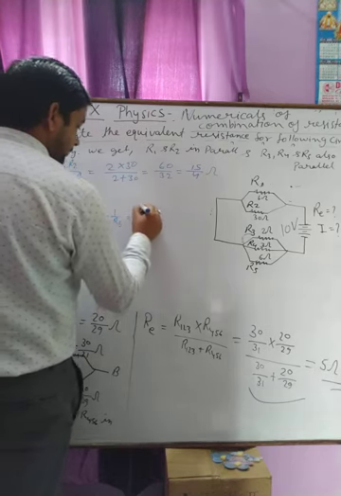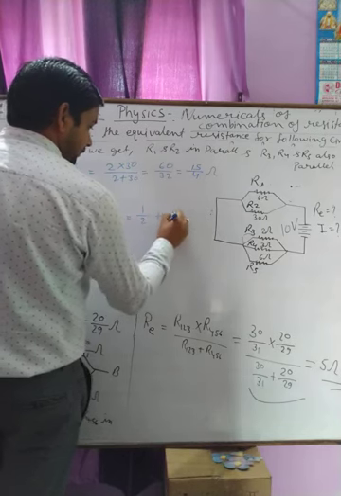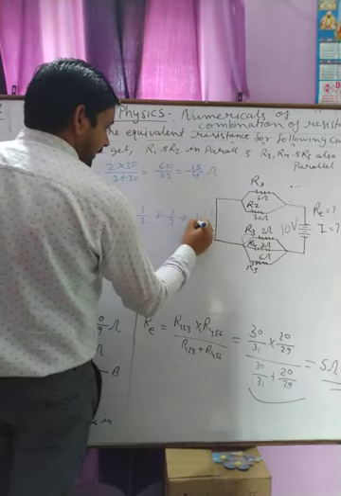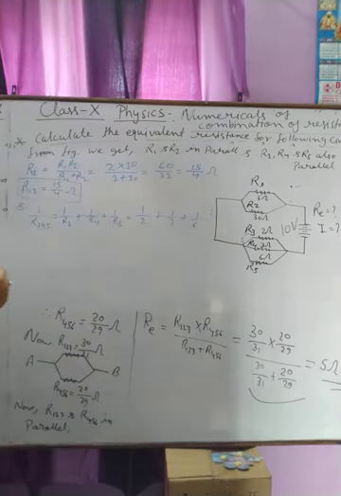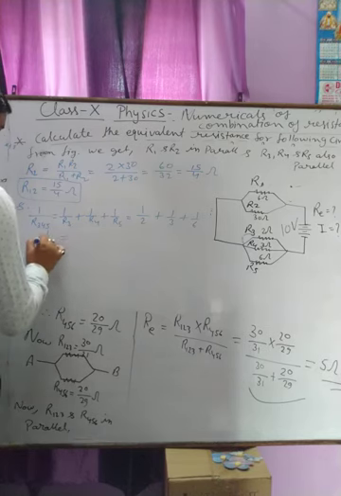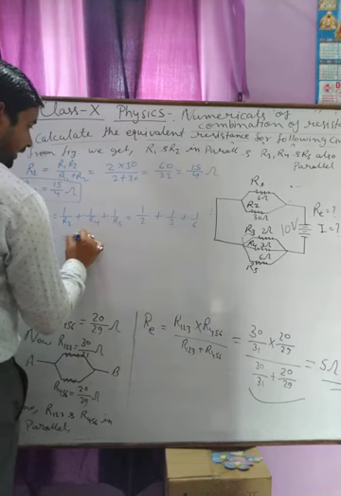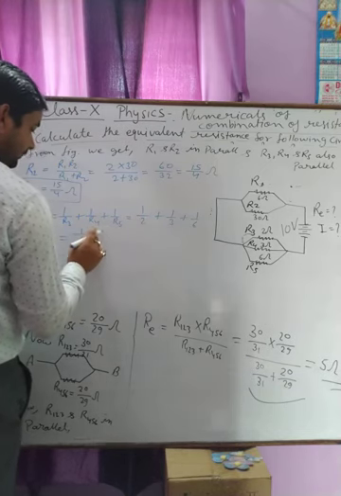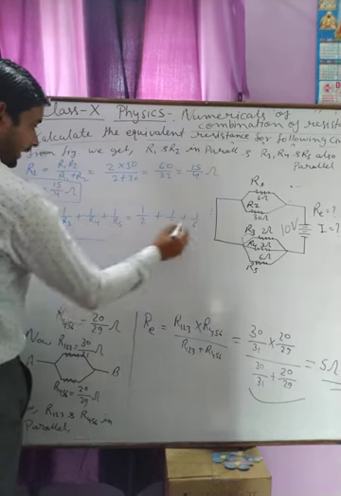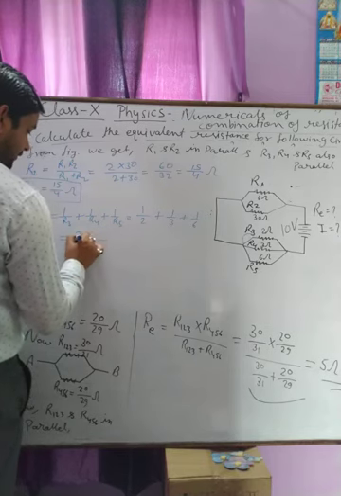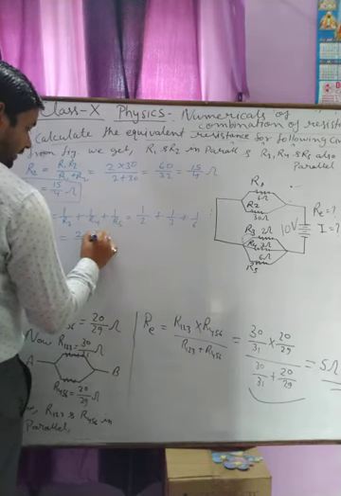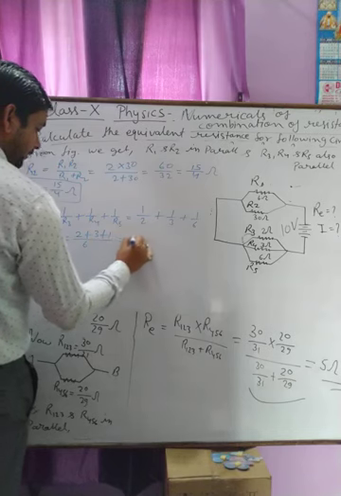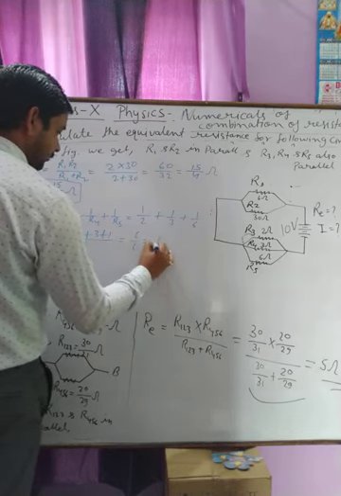On putting the values 2, 3 and 6, by taking LCM 6, 1 upon R345 will become 1 upon taking LCM as 6, this is 3, this is 2 and 1, it will become 6 by 6 is 1.